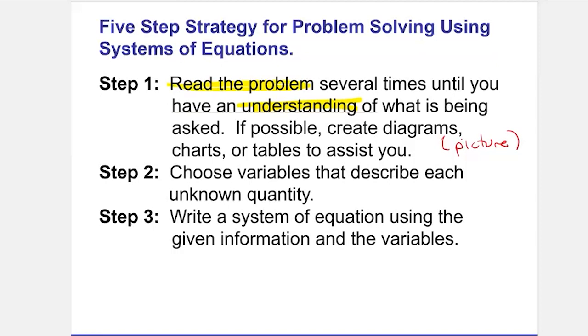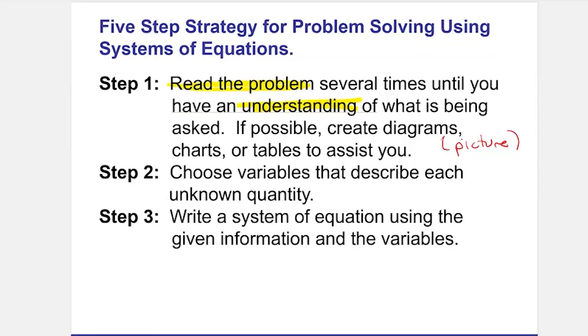Then choose the variables that describe each unknown quantity. I did D, N, and Q because that way it was easy for me to keep track of dimes, nickels, and quarters. If you use X, Y, and Z, you're going to have to write somewhere what each of those things stands for, because in the end, you won't know.